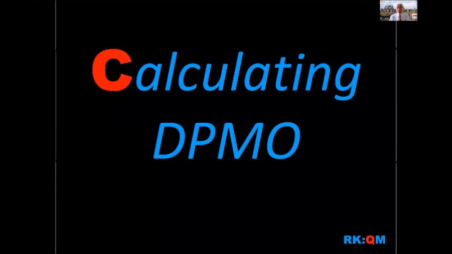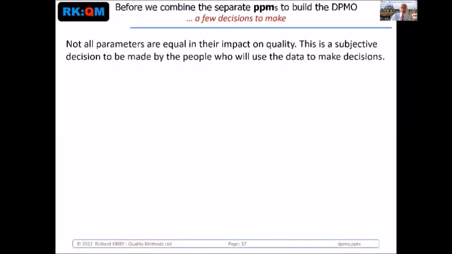Once we have estimates for the expected ppm, variable parameters from a capability study, attribute parameters from the proportion statistic, we can start to combine the ppms from the various parameters to create our DPMO. Before we combine the separate ppms to build the DPMO, we have a few decisions to make. Not all parameters are equal in their impact on quality.